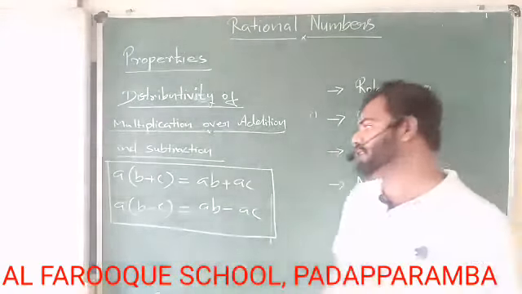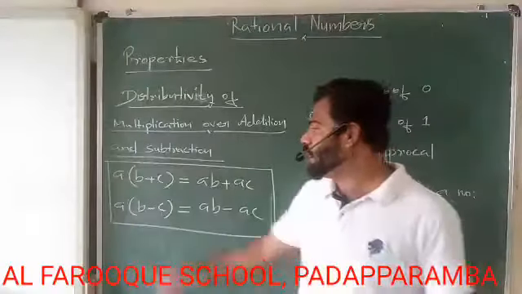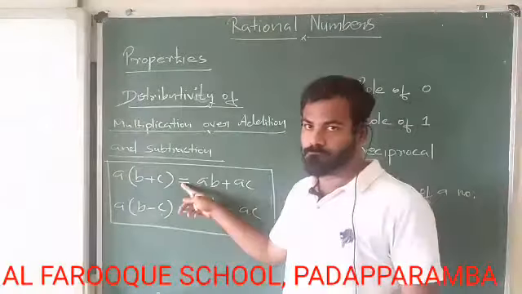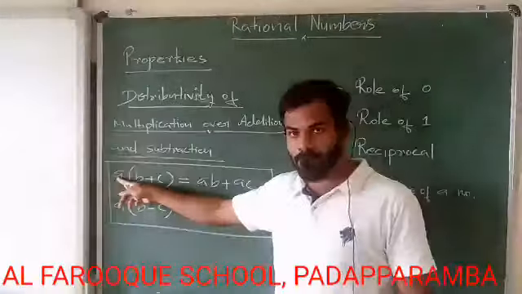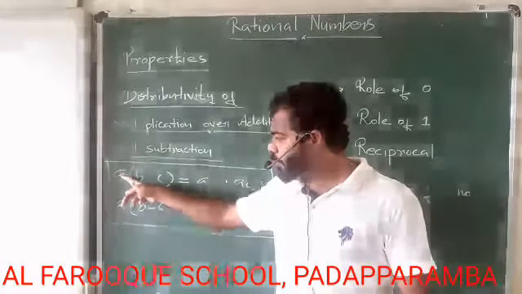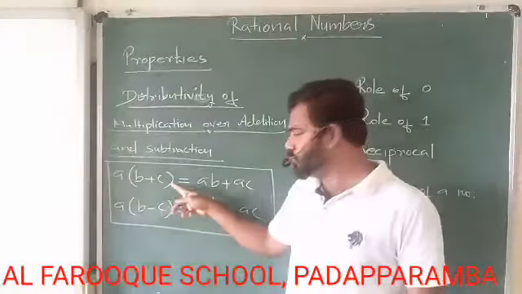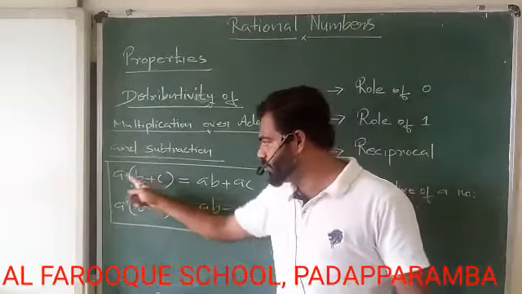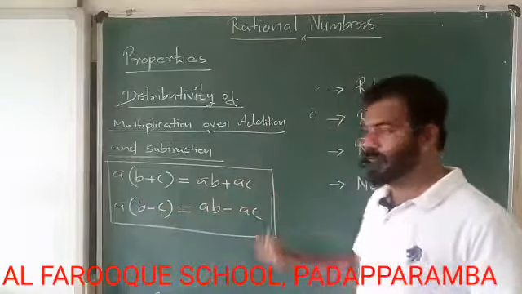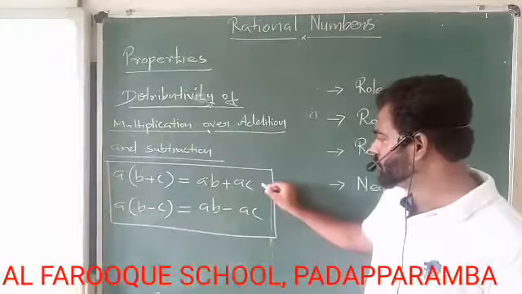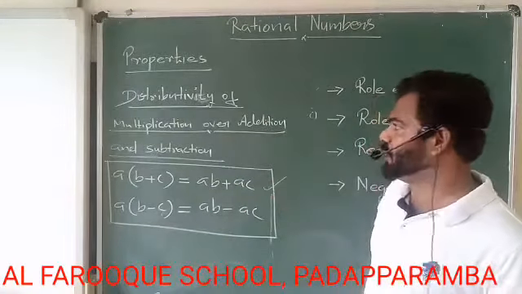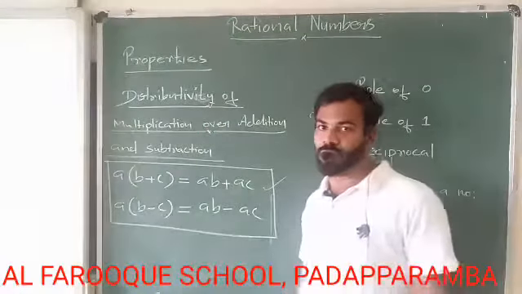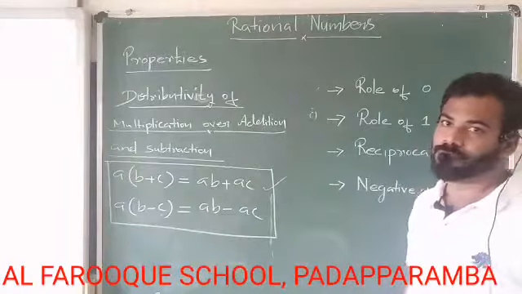This property says that A into B plus C, where A is a number, that number into a bracket is equal to AB plus AC. That is the first property, that is distributivity of multiplication over addition.